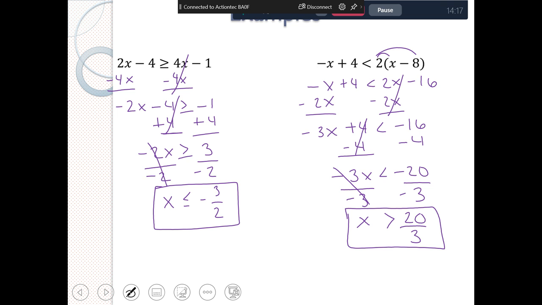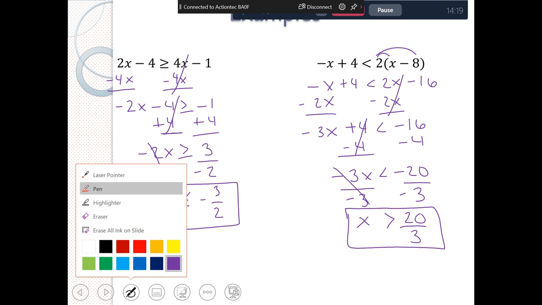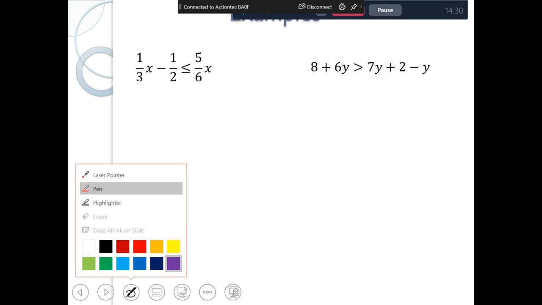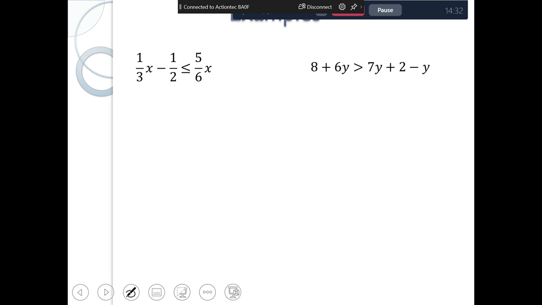All right, so let's look at the next one. I have fractions. How do I get rid of fractions? Multiply by your least common denominator. In this case, what is my least common denominator? 6. I'm going to multiply everything by 6.